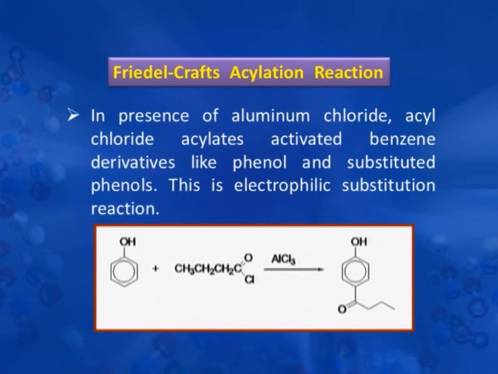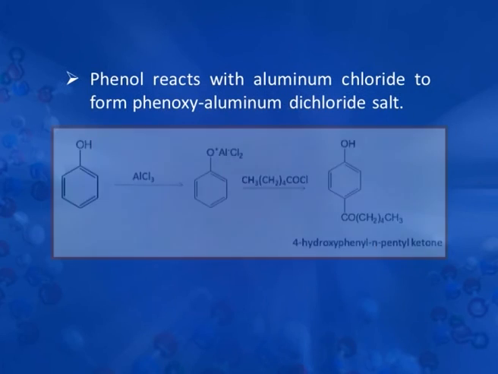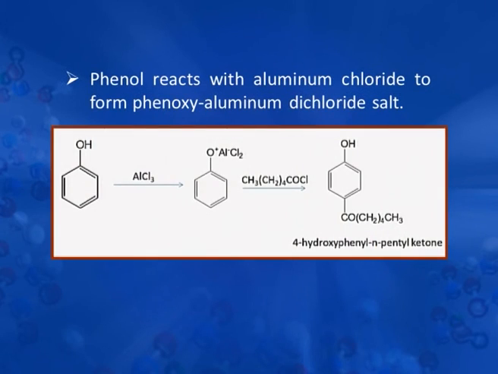We can also use phenols for the preparation of hydroxy ketones. Like in this particular example, phenol is first treated with aluminum chloride and forms phenoxy aluminum dichloride salt, which upon reaction with pentanoyl chloride forms 4-hydroxyphenyl normal pentyl ketone.